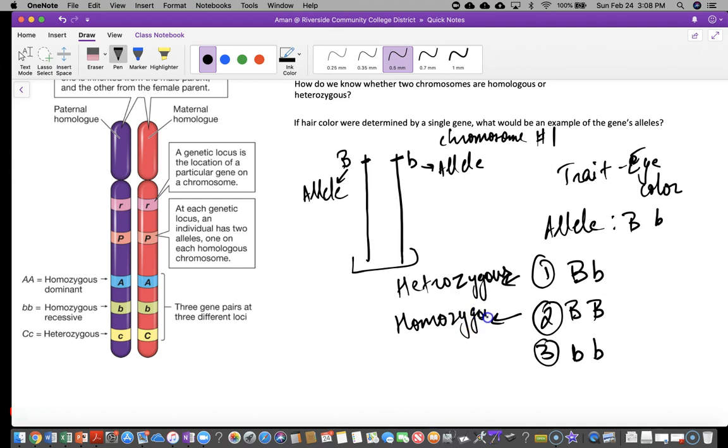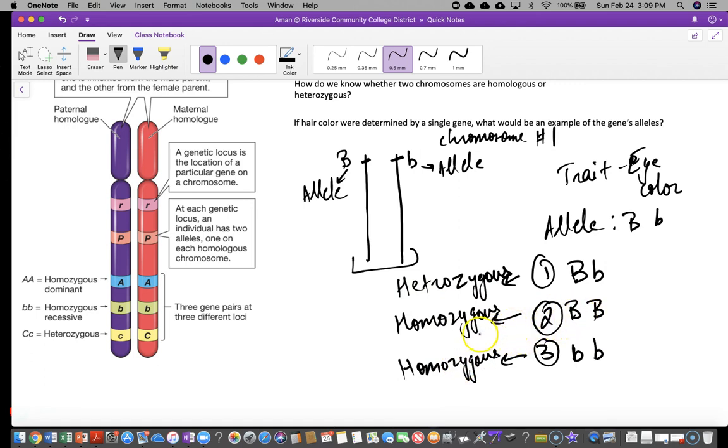Homo means same. So if the two alleles are different, then we call them heterozygous. If they're the same, we call them homozygous.